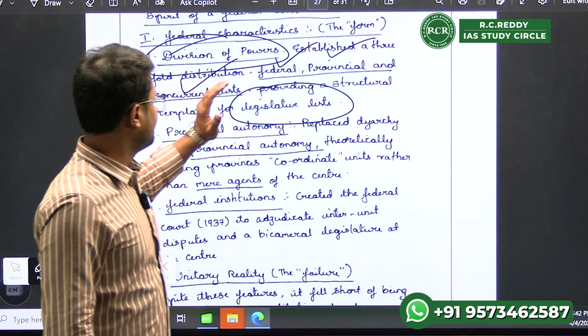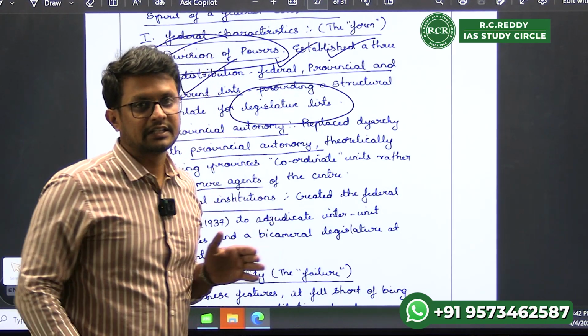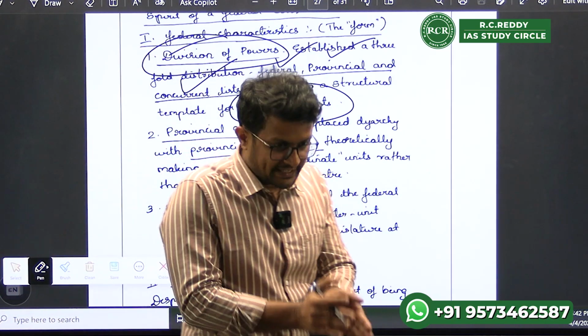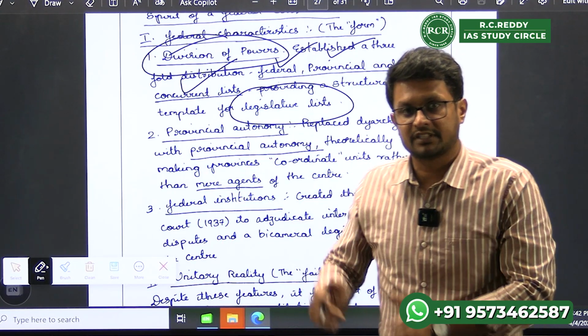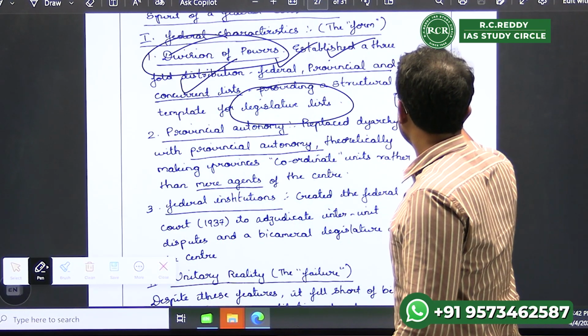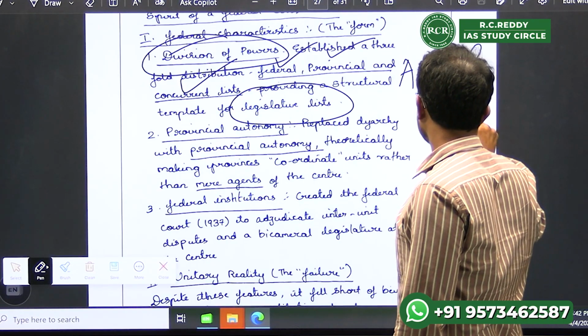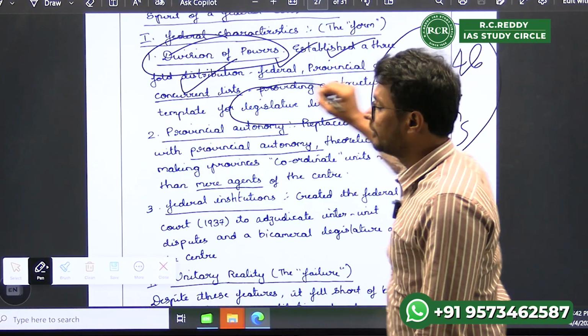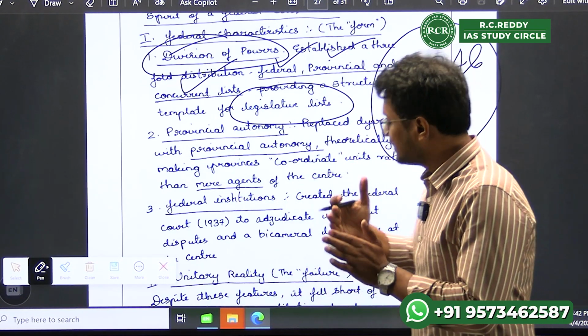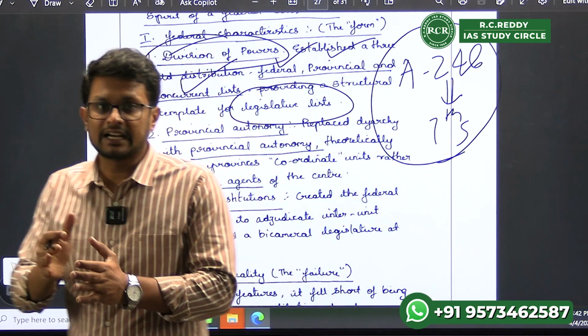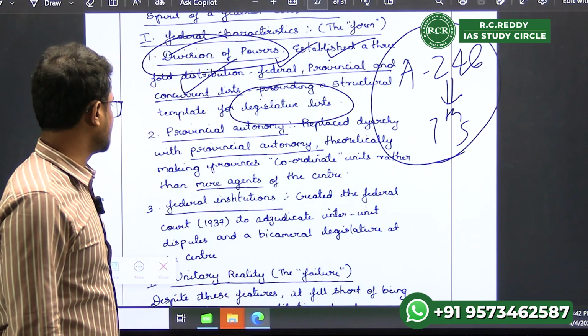By this way, you will see there is a division of powers. You can find this in Article 246 of our Indian Constitution or the 7th schedule of Indian Constitution. You will find this provision where the federal, provincial and concurrent lists have been present.